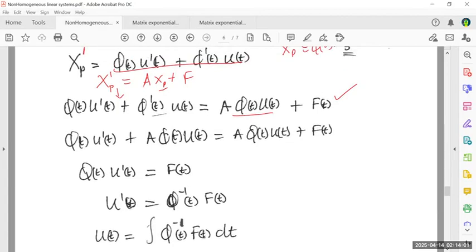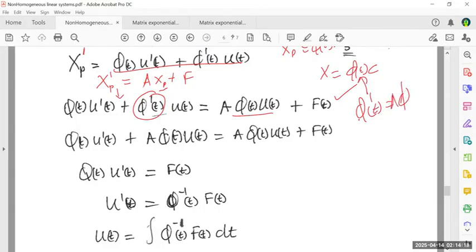And because remember we said that phi of t is the solution to the homogeneous equation, phi prime of t equals a times phi of t. Wherever we see phi prime of t, we can replace it with a times phi of t. And that's what we did here.